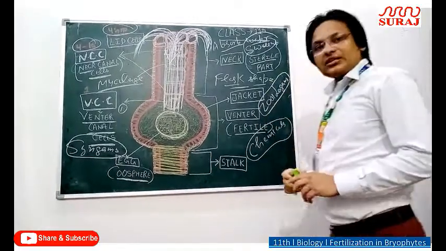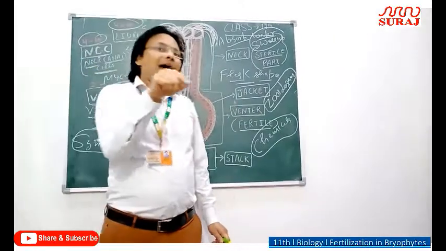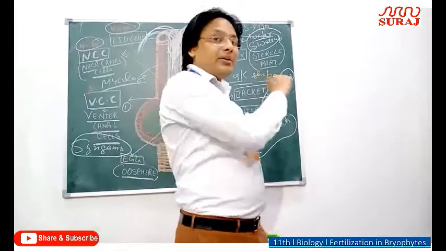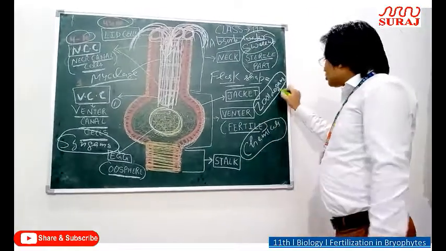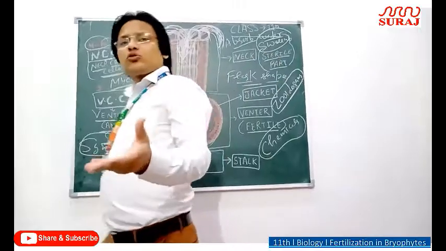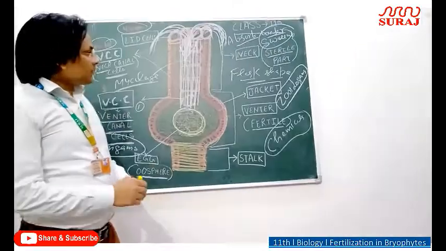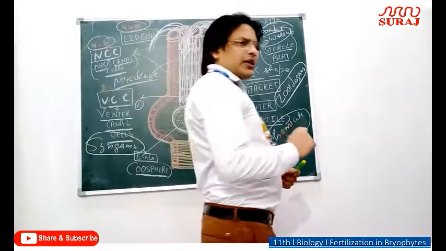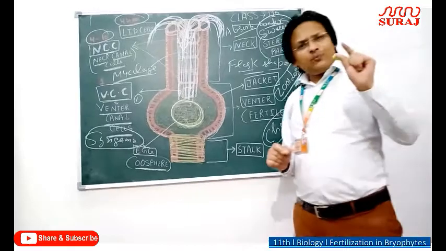Zooidogamy is a process through which the male gamete enters the female gamete with the help of water. Some bryophytes, pteridophytes and some algae also show the process of zooidogamy.